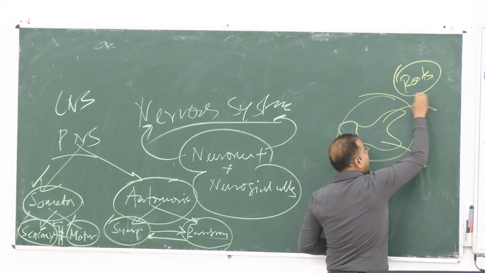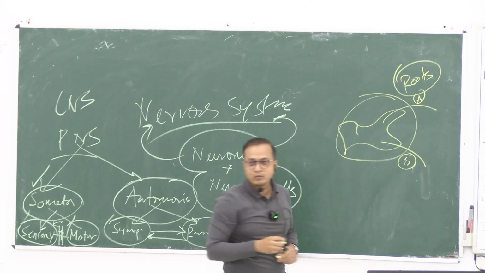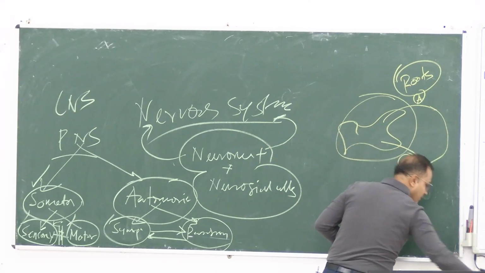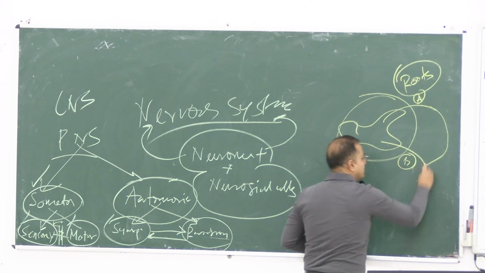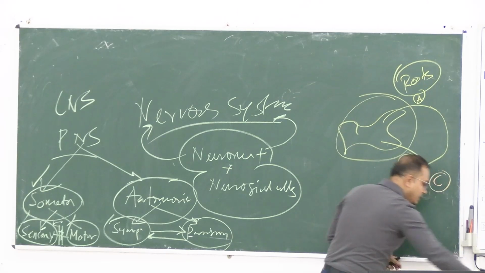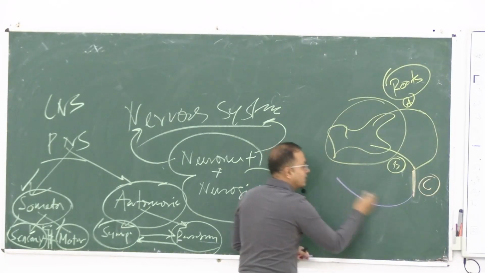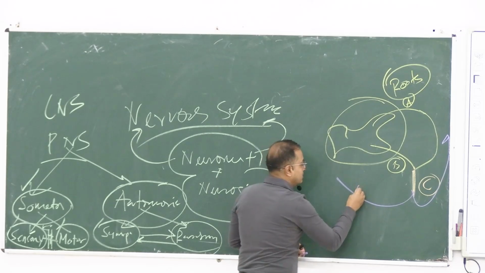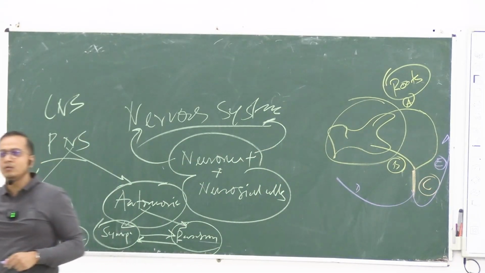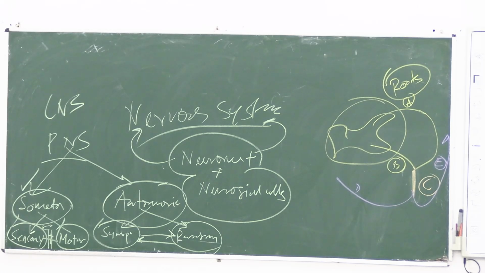So this is root A and root B. Root A and root B unite together, making a root known as C. Now this C again splits into two parts, making D and E. Each of these, A, B, C, D, E, you have to know and understand, and based on these names, we are going into what we are going to talk about in the anatomy.